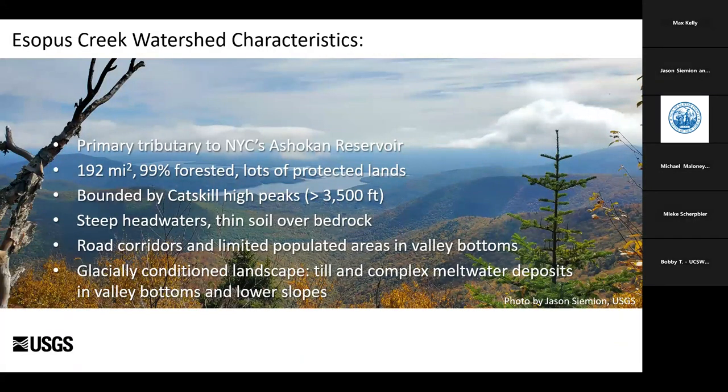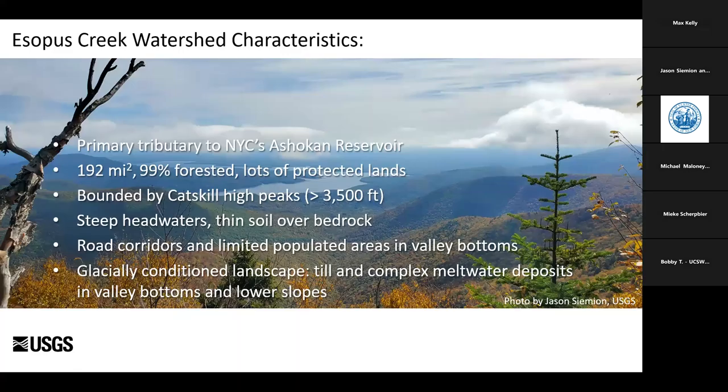And we have what we consider to be a glacially conditioned landscape. What we mean by that is there's a lot of glacial till and complex meltwater deposits in the valley bottoms and along the lower slopes. We're going to pay special consideration to the glacial lakes that had formed here.